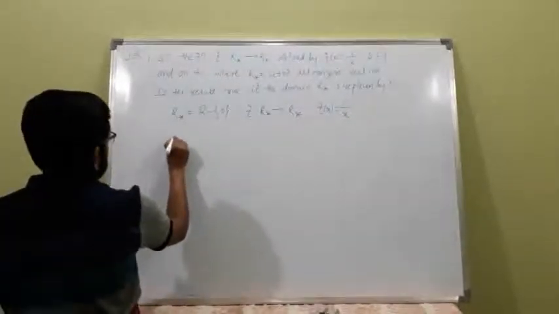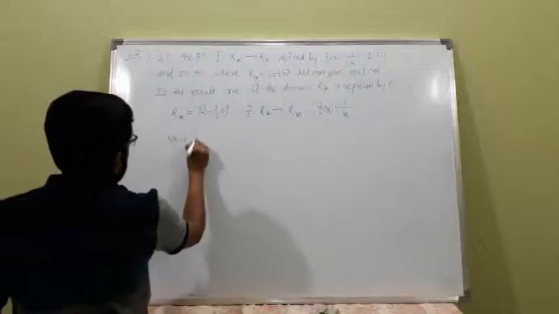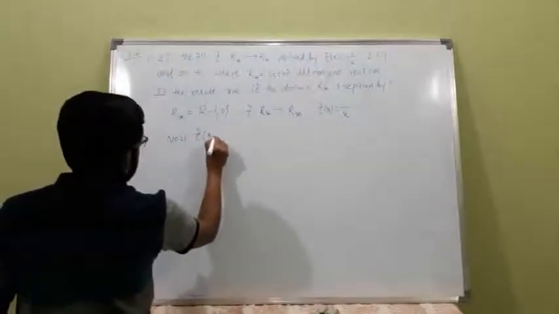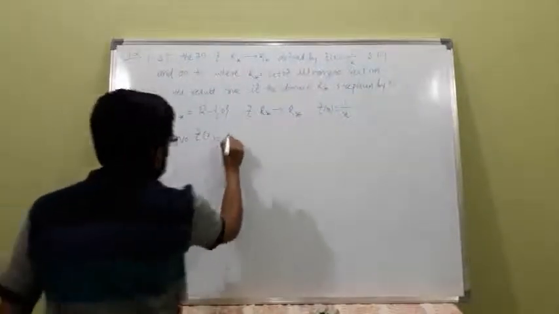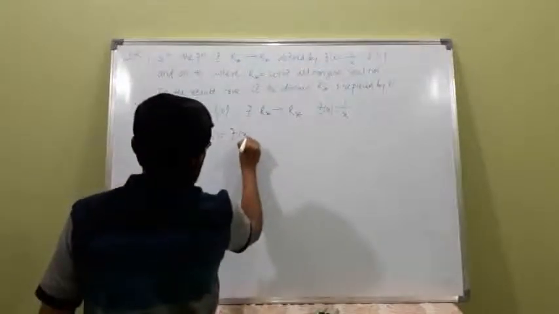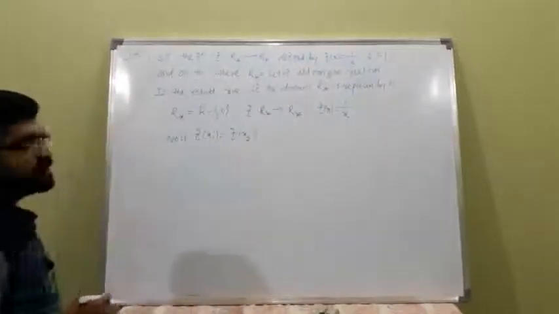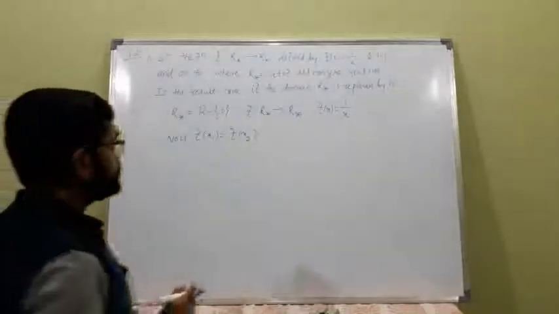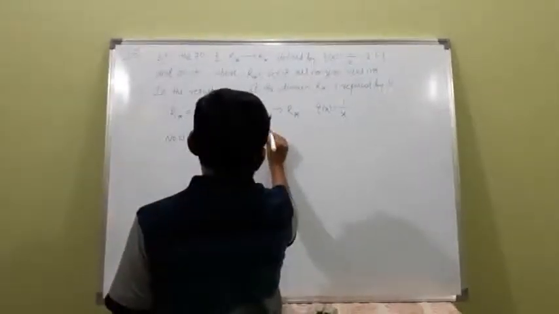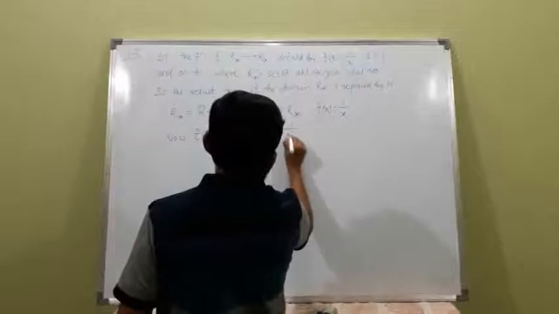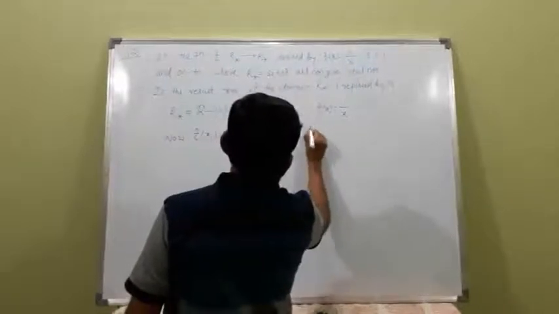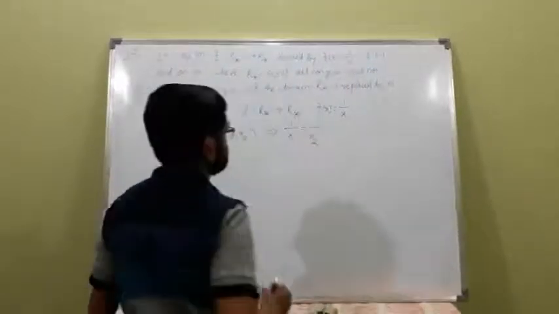Now, f of x1 is equal to f of x2. Suppose x1 and x2 are elements of R star, this implies 1 by x1 is equal to 1 by x2.